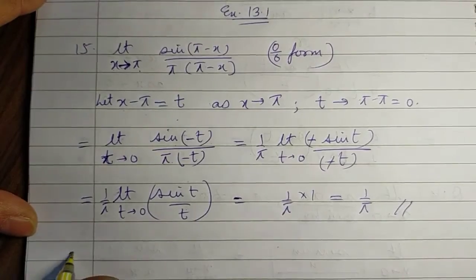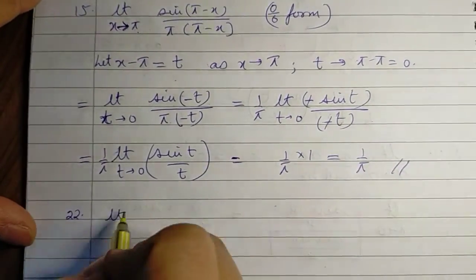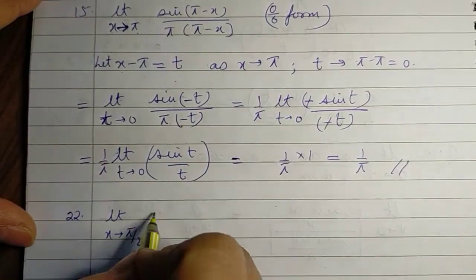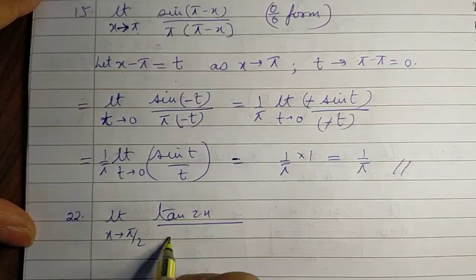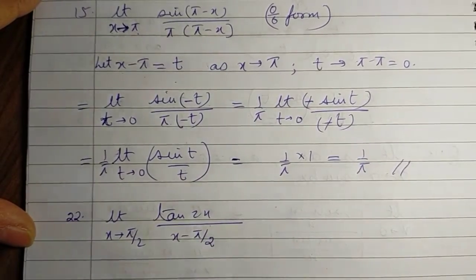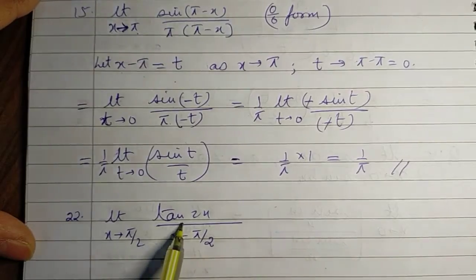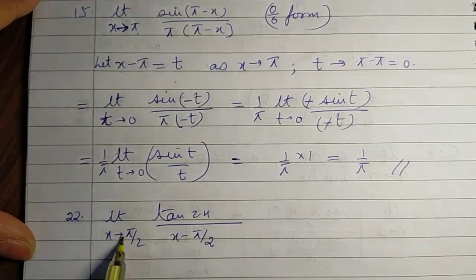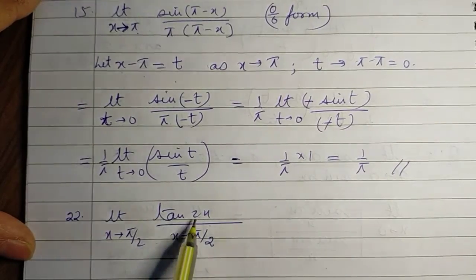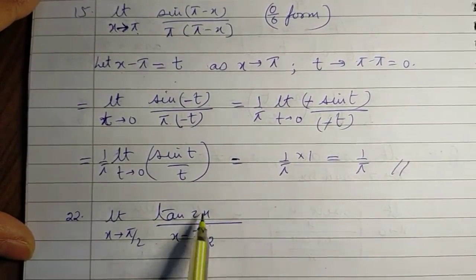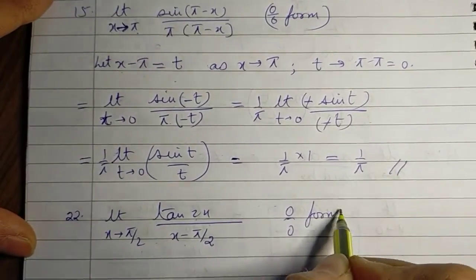Similar is question number 22, which says limit x tending to pi by 2 tan 2x over x minus pi by 2. Again here it deals with tan. Now when you put x approaching pi by 2 over here, this is tan pi over 0. Tan pi is 0, so this is also 0 by 0 form.